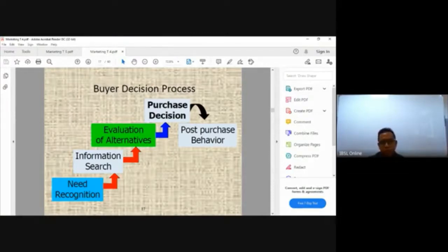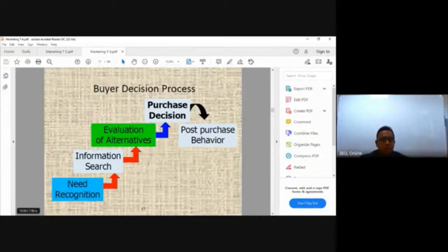According to Kotler, even in today's context, if you really want to buy something, this is what we do. So what did he say? The first stage of the decision process is need recognition. How do you feel a need? You are deprived of certain things.